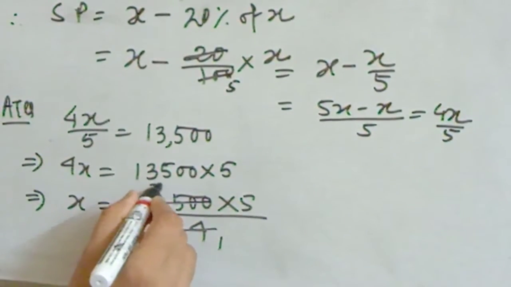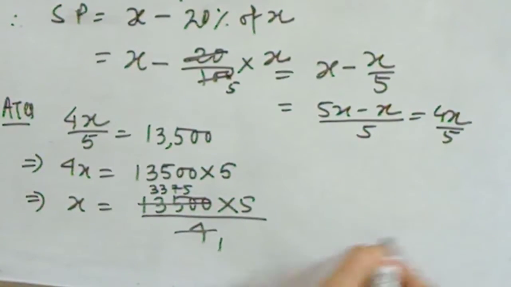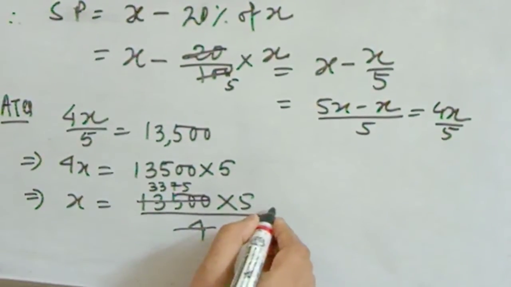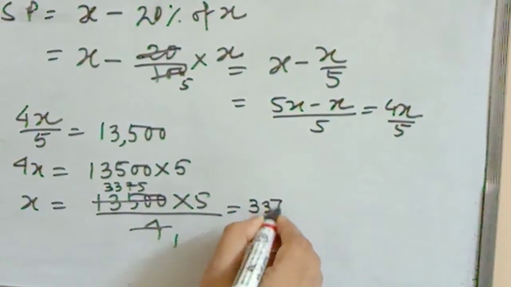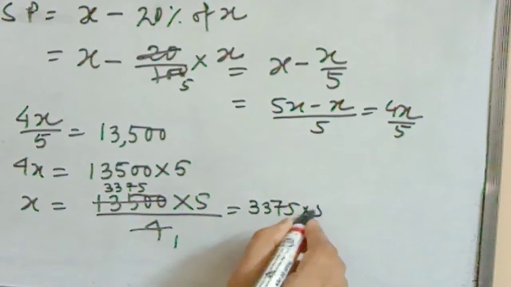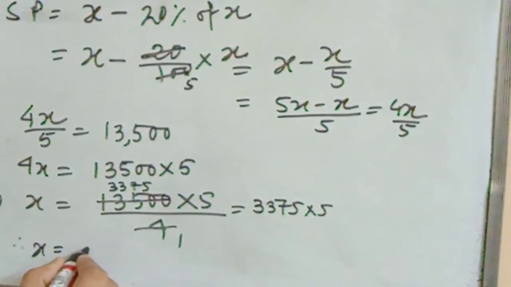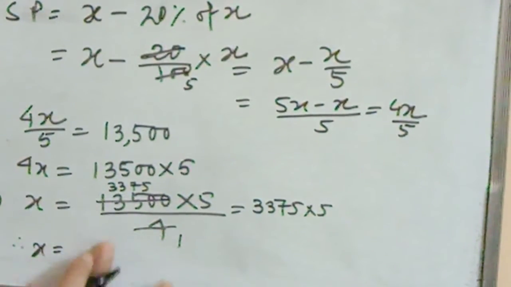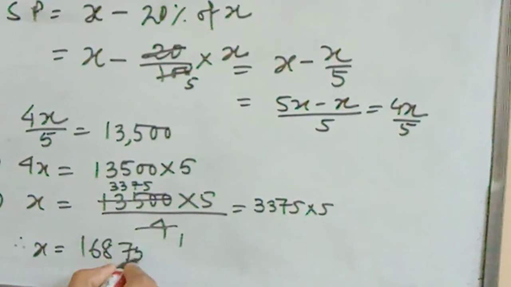I have divided in the rough; you can see this rough work here. Then 3375 into 5, therefore X is equal to 16875.